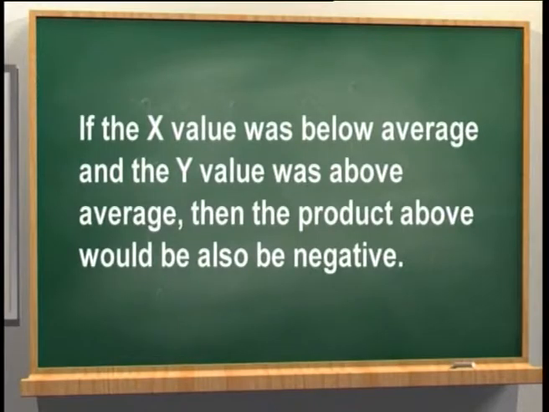If the x value was below the average and y value was above the average, then the product would also be negative. Therefore, a negative correlation is evidence of a general tendency that large values of x are associated with small values of y and small values of x are associated with large values of y.